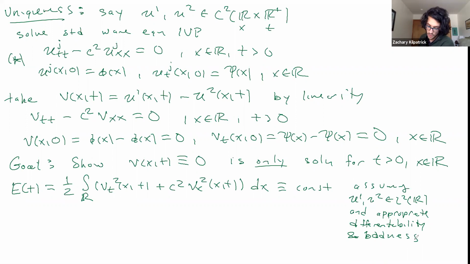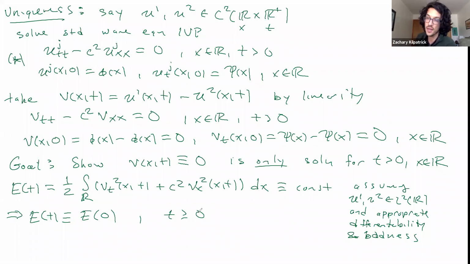So assuming that's the case, then I just have this conservation of energy result from before. So that tells me that E(t) is constant, and in particular, it's just E(0), basically for all t greater than or equal to 0.